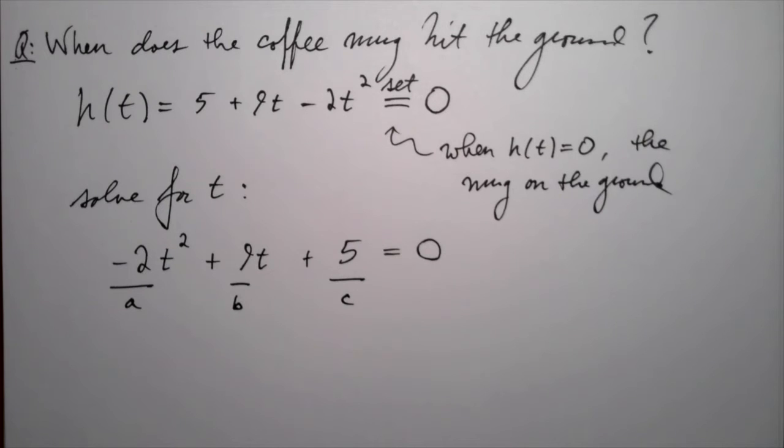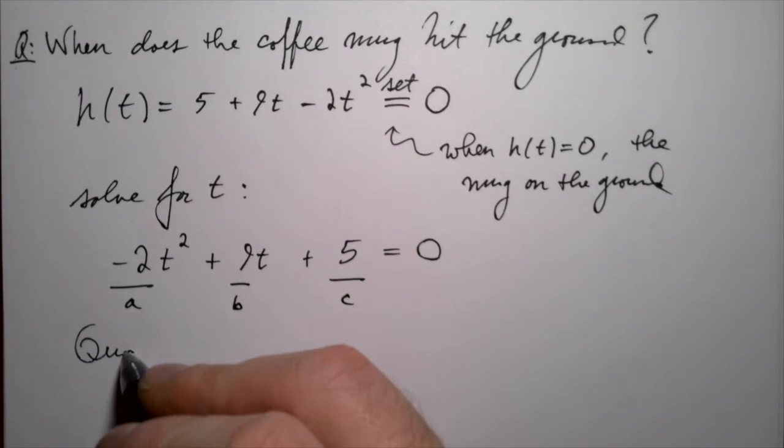I'm going to solve for t in this equation using the quadratic formula. Remember, in the quadratic formula, a, b, and c are the constants in front of the second power of your variable, the first power of your variable, and the constant term. You can think of that as the 0th power of your variable, if you like.